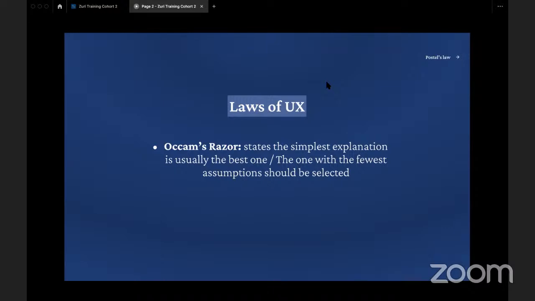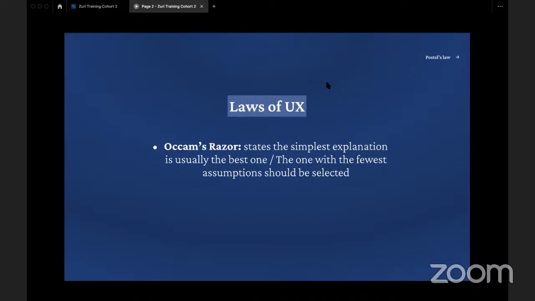So go straight to what you're explaining and try to reduce anything that is not really important in whatever you are designing. Just go straight so that they get the explanation, they get things clear, and they don't have to think twice about what to do on your platform or what the design you are trying to do means.